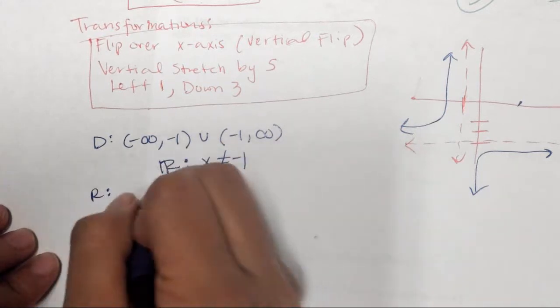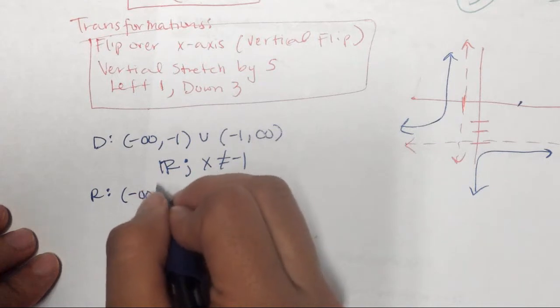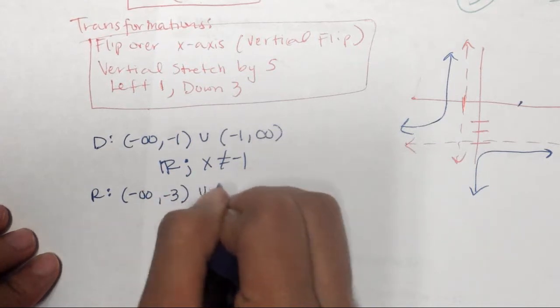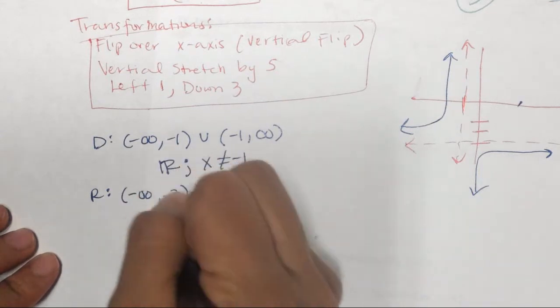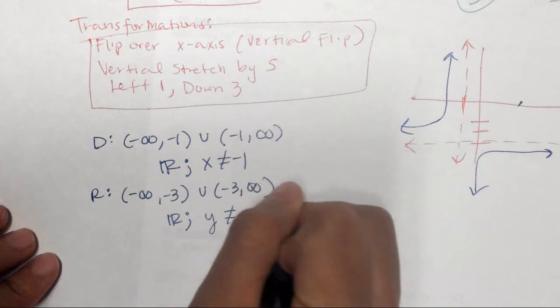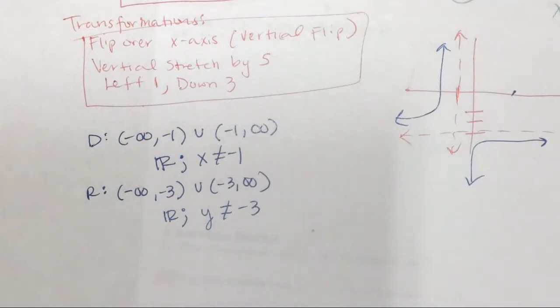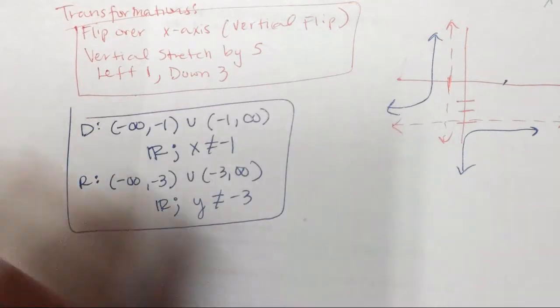My range is going to be from bottom to top, negative infinity to negative 3, union negative 3 to infinity. If you want set builder notation, all real numbers except y cannot be negative 3. There's your domain and range.